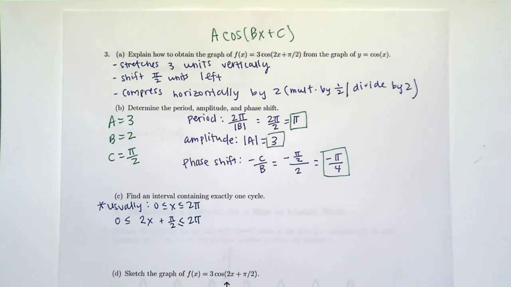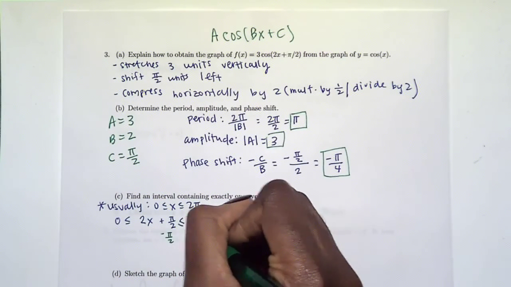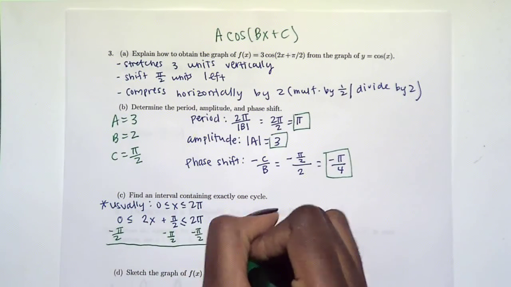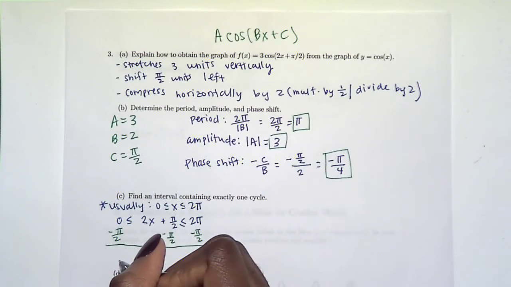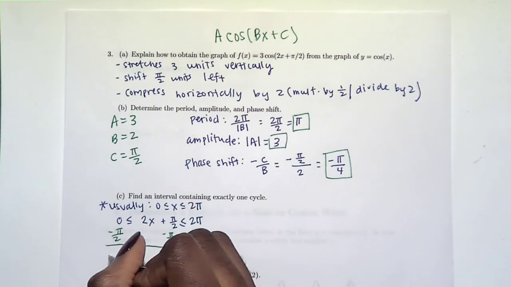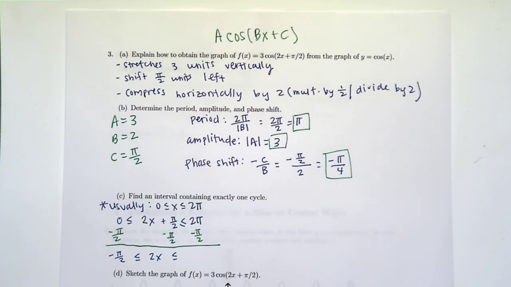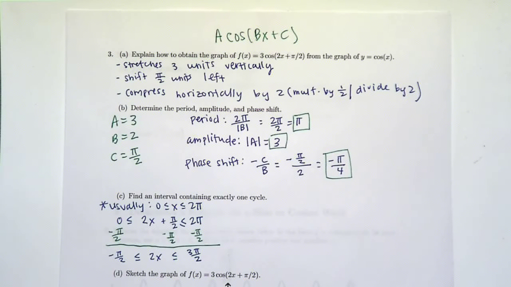And now we solve for x to figure out our interval. So first I'm going to subtract pi over 2 from everything. Okay, and so over here I get a negative pi over 2, 2x, and 3 pi over 2. All right, again, we're trying to solve for x in the middle.